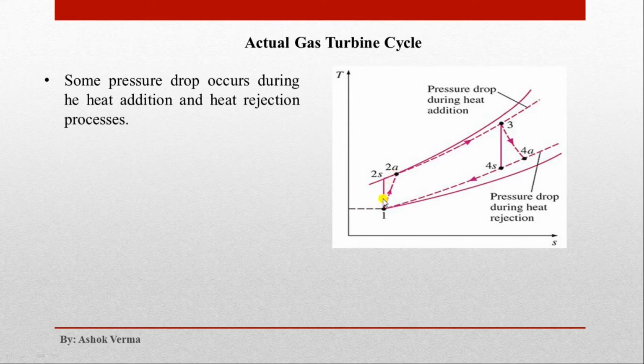Since you are supplying the heat from the heat exchanger, there will be some decrease in the pressure during the addition of the heat, and also a decrease in the pressure during the rejection of the heat. Because the heat exchanger is a big component, there will be some loss of the working fluid, so there will be a pressure drop.